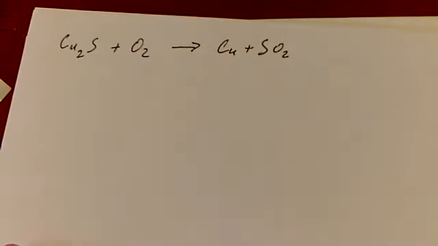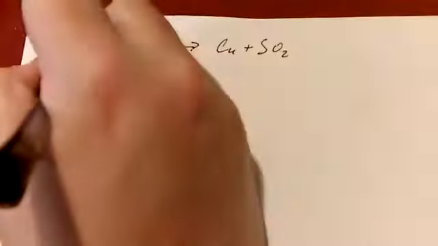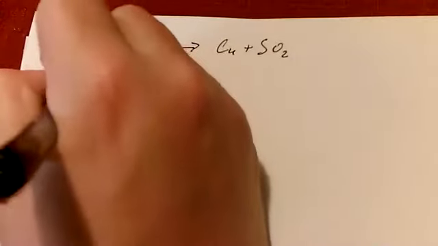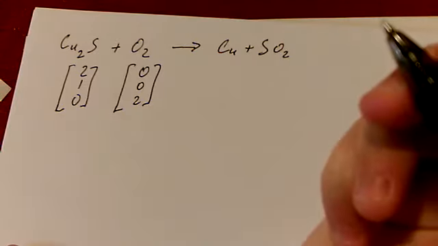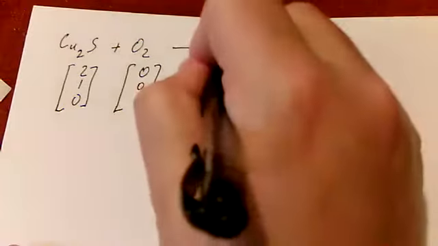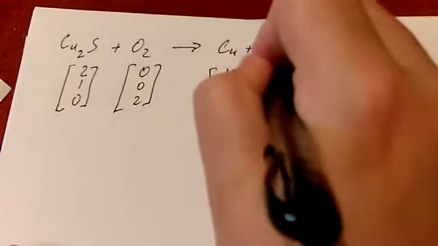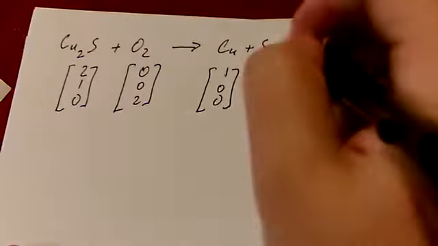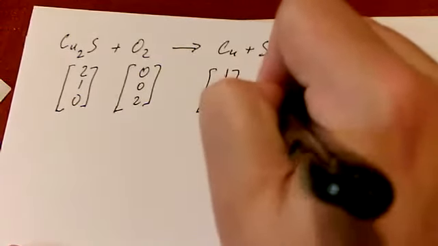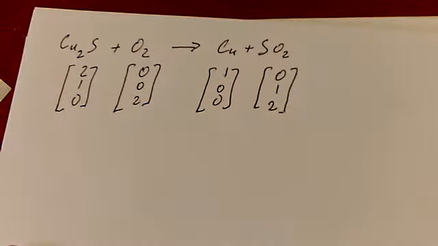So I've got copper, sulfur, and oxygen on this one. For Cu2S, copper, sulfur, oxygen is 2, 1, 0. Oxygen here will be 0, 0, 2. Next, I have just one copper, so 1, 0, 0. And then last, I have sulfur dioxide. That's 0 coppers, 1 sulfur, and 2 oxygen.